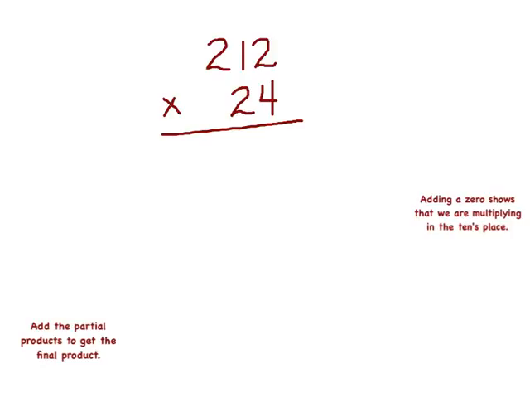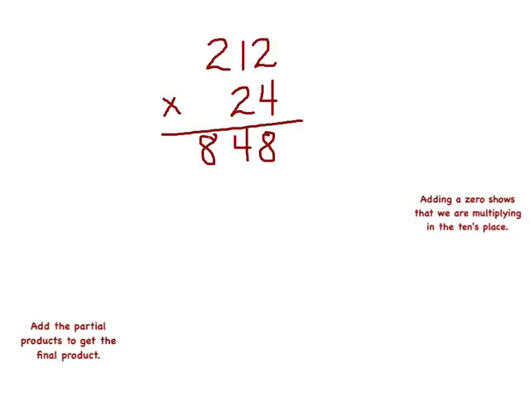So when I look at this problem, 212 times 24, let's actually do the 212 times the 4. So I'm going to have 4 times 2, and that's going to give me 8. 4 times 1 is 4, and 4 times 2 is 8.